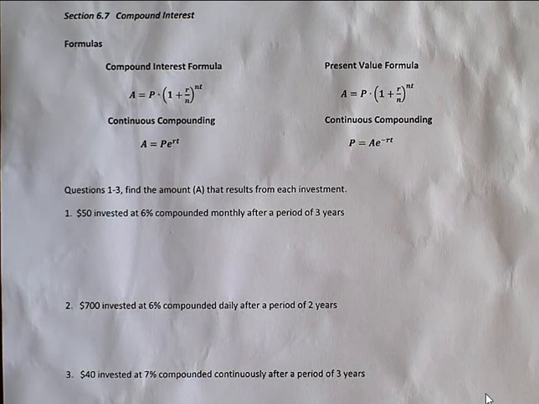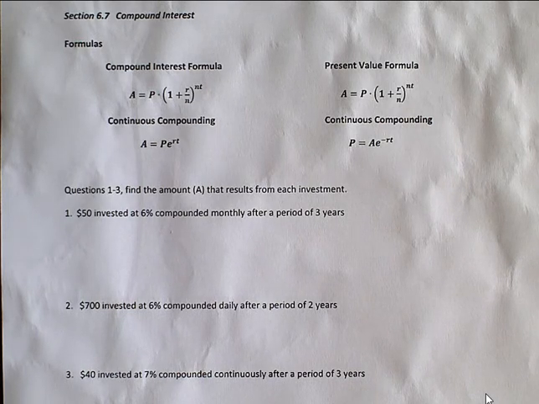Different banks do it different ways, depending upon how many times you want your money reinvested and the interest calculated. It just depends upon the bank that you use. So we'll talk about the different components of that here as we set up a couple of these. So everything is there. All we're going to do is plug into the formula.